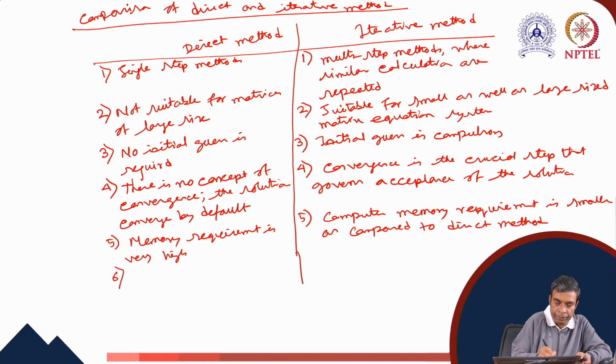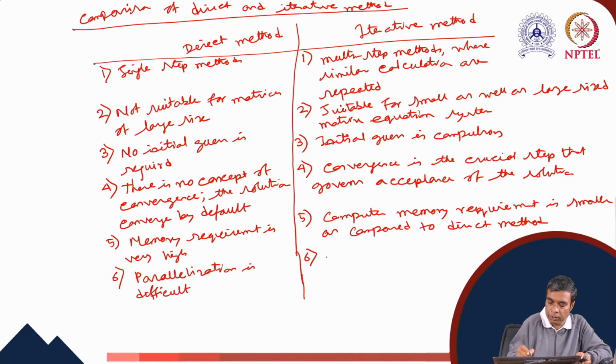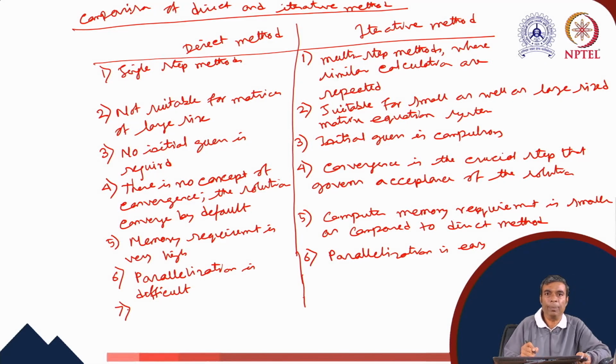In direct methods, parallelization is difficult for the computer program. In iterative method, parallelization is easy. In direct methods, we have to store the zeros present in the coefficient matrix.